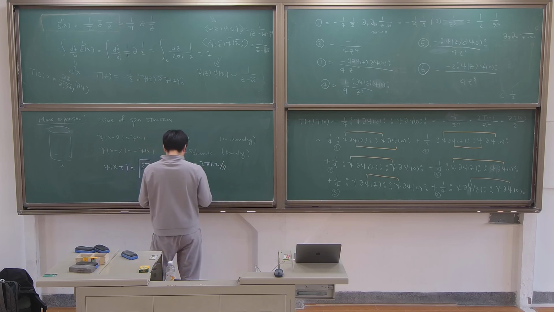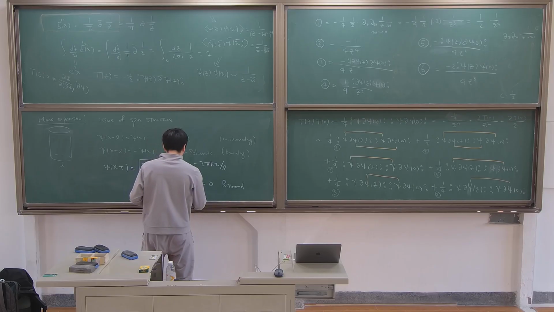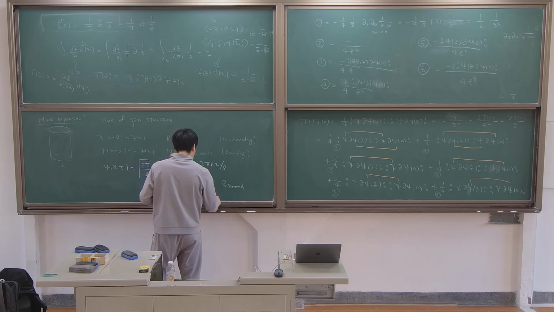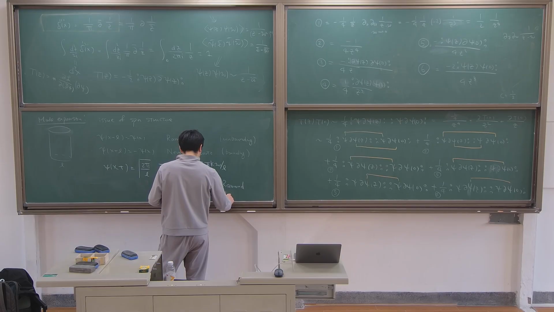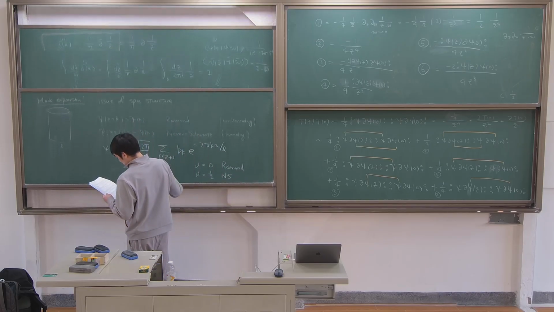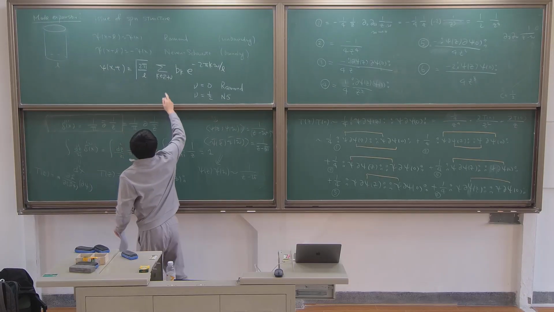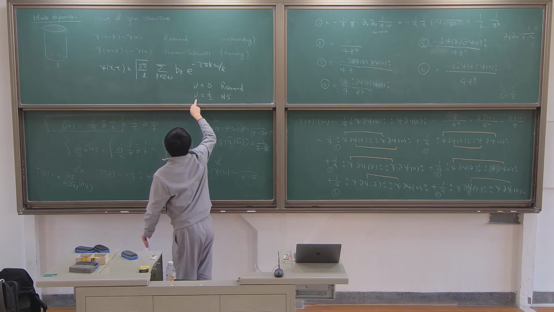So nu is 0 for Ramond, and nu is 1/2 for Neveu-Schwarz. You know, k has to be half integer for Neveu-Schwarz.